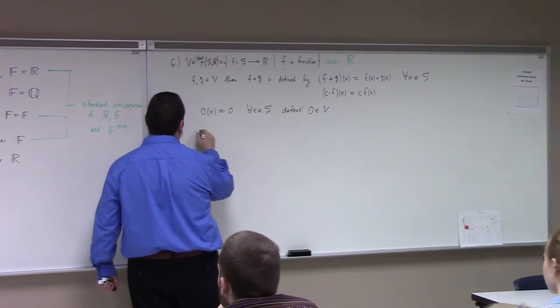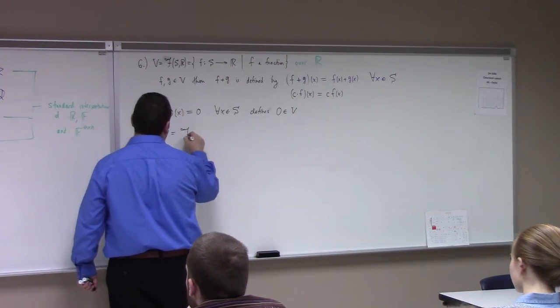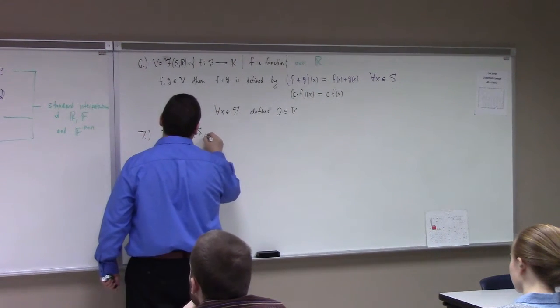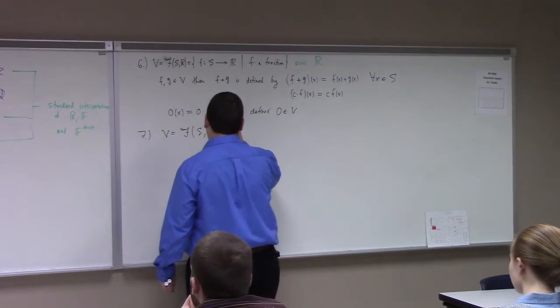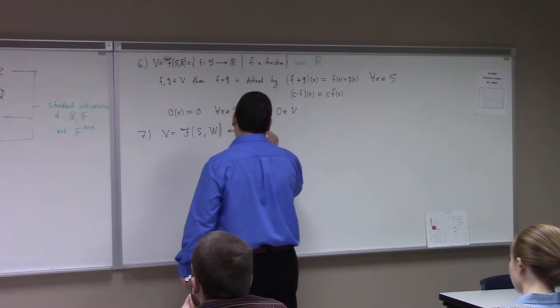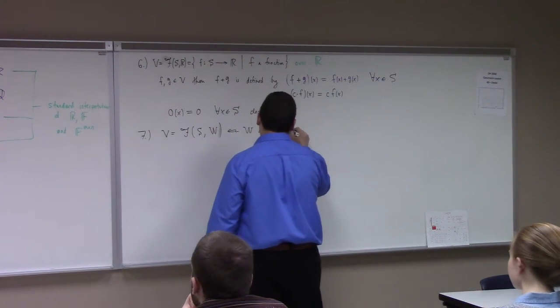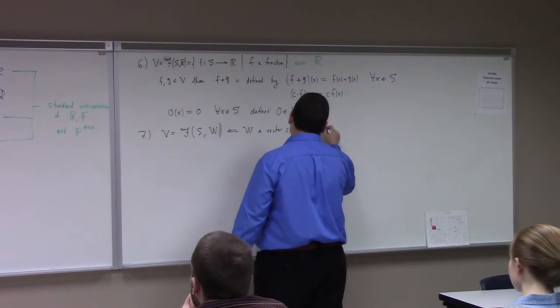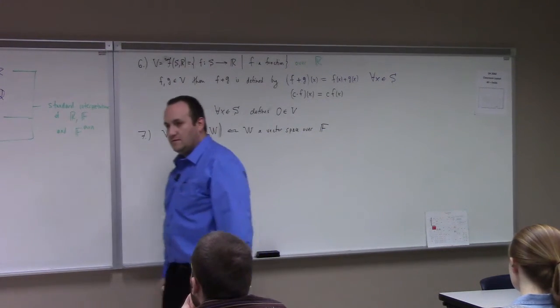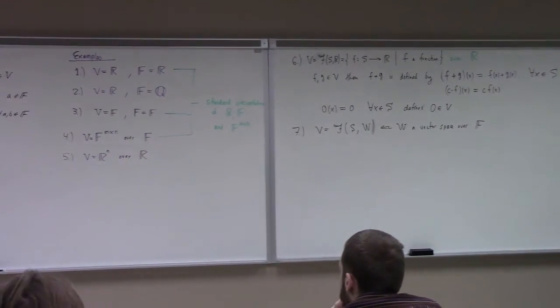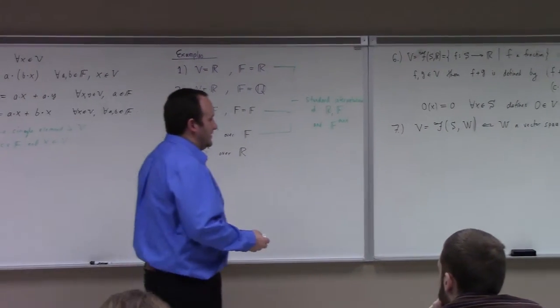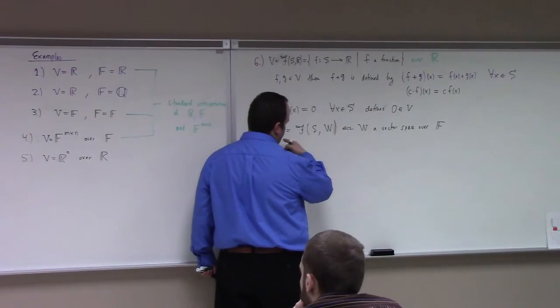Check this out. If I take V to equal the functions from any set into a vector space W over a field F, you can easily, by almost the same argument as 6, prove that that is a vector space over F, where, again, the addition is the addition of functions.